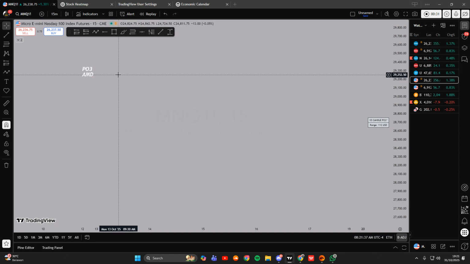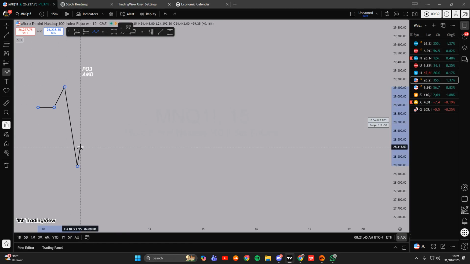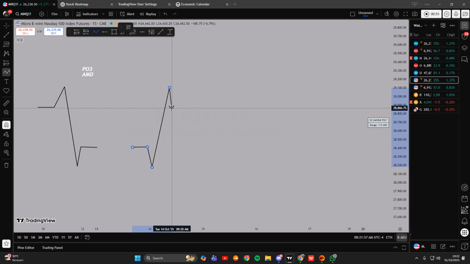Pretty much AMD. So PO3, every candle has a PO3. It's always open, high, low, close, or open, low, high, close for a bullish candle scenario.